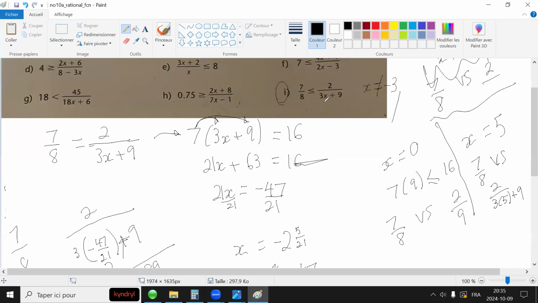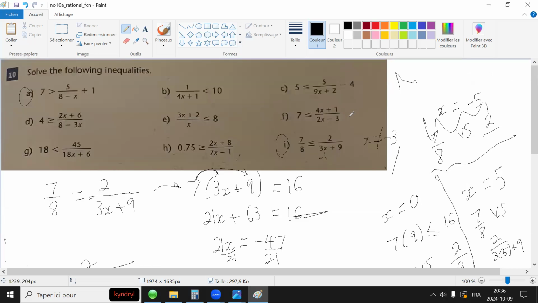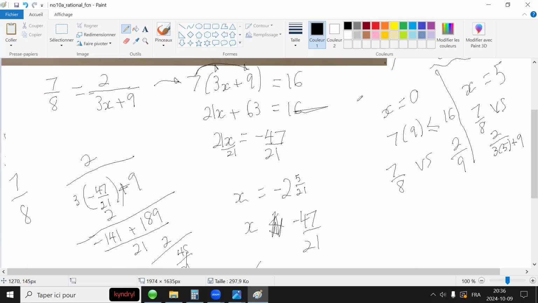Let's try, if x was -1, it would still be a very, very thin, small range where it's extremely small. It was the hardest one.